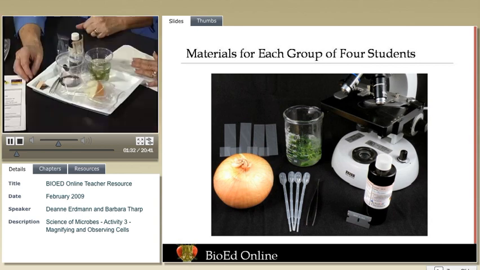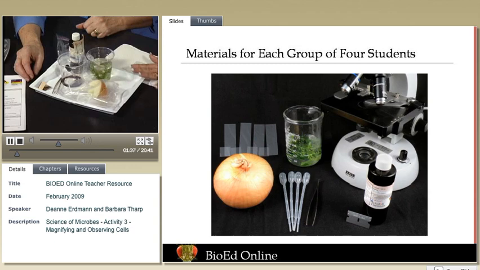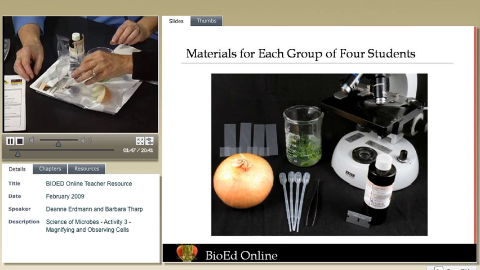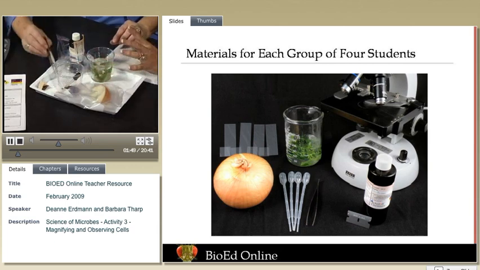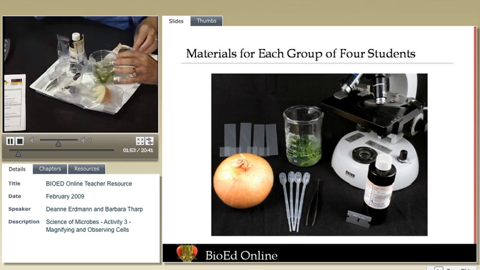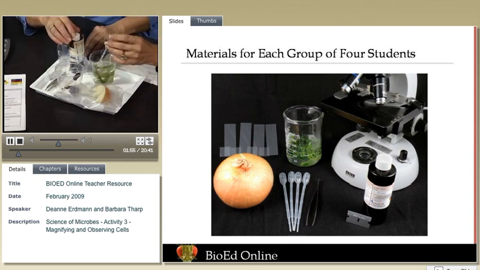With that in mind, the materials that we're going to use today include on the tray a piece of onion, glass slide, cover slip, some iodine, which we'll talk about in a second, tweezers, razor blade, which we may or may not want to have the students have access to, pond water, dropper.